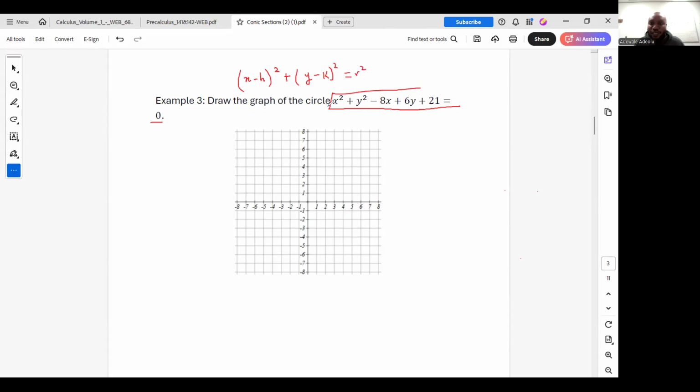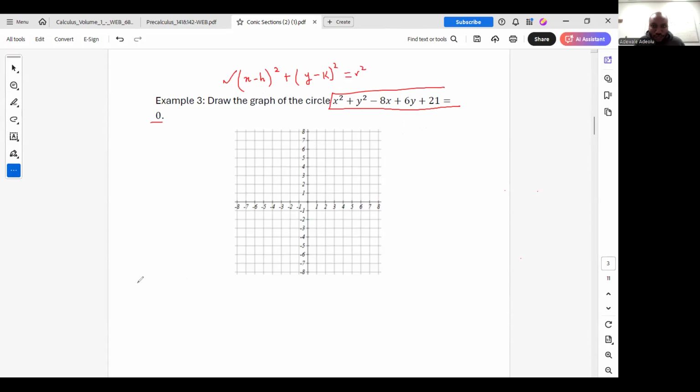If you look at what we have here, it is not in that form. So we cannot talk about the center or the radius of this circle for now. We need to complete the square in order to be able to write it in this form.